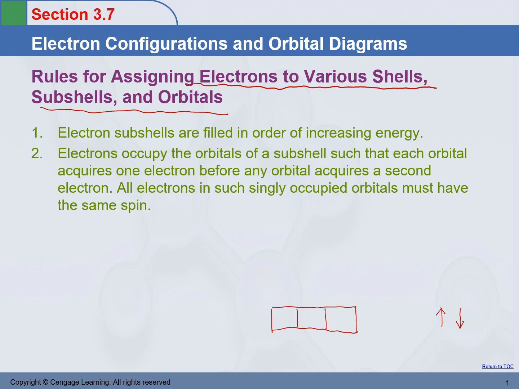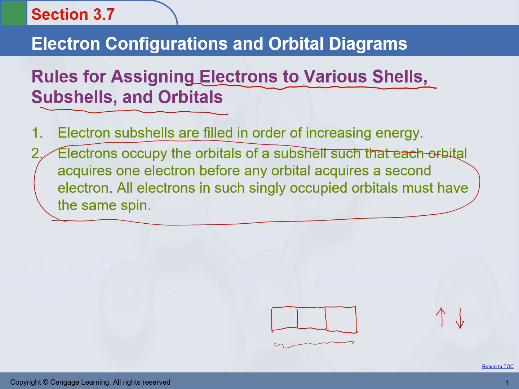What we're going to do is put electrons into these orbitals by following this rule. First electron comes in, takes an orbital. I assume it is taking that spin. The spin direction is that.